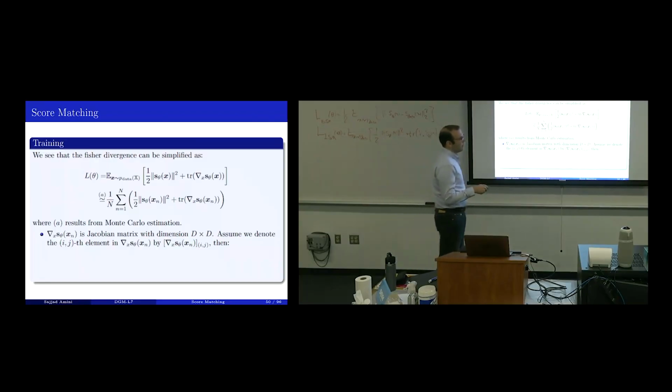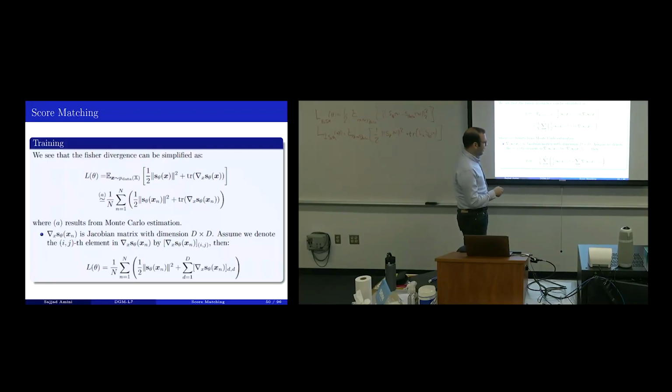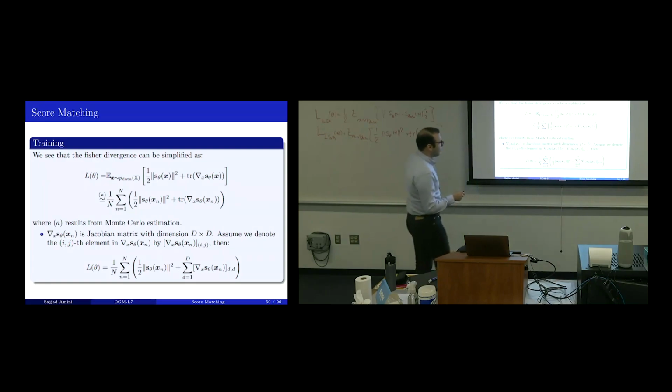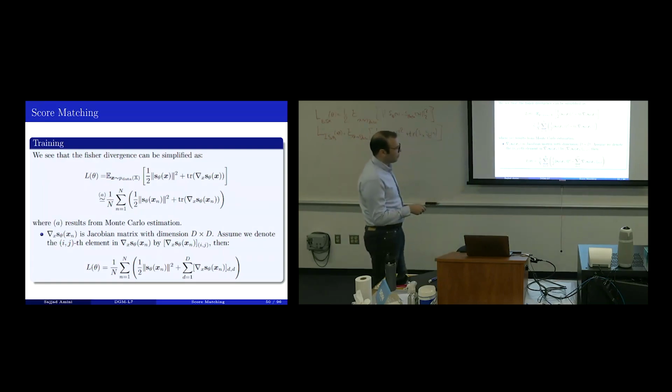We do not need all the elements because it is the trace. So I need to calculate the diagonal elements, and the i and j element of this matrix can be calculated using any of the methods you have, for example in PyTorch, and then you can calculate this loss. Just instead of the trace, I replace it with the summation over the diagonal elements. Nothing changed.